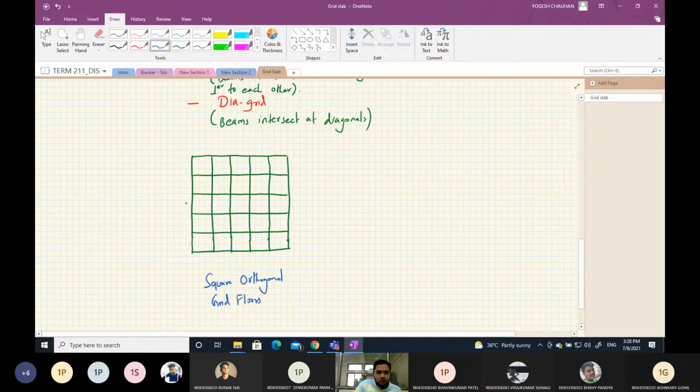Now in this case, the spacing in both the directions, let us say this is Sx and this is Sy, they are the same.